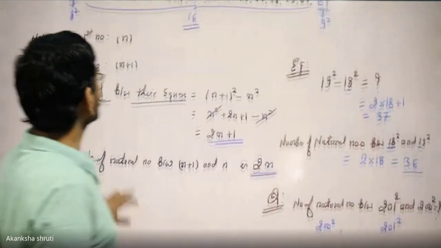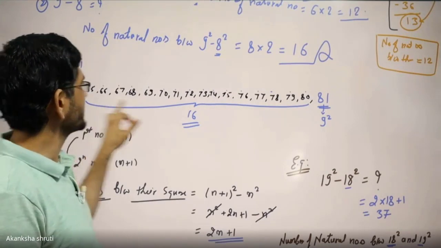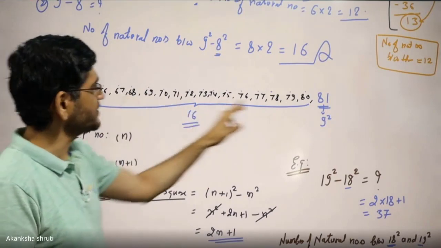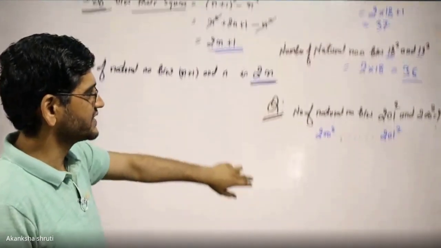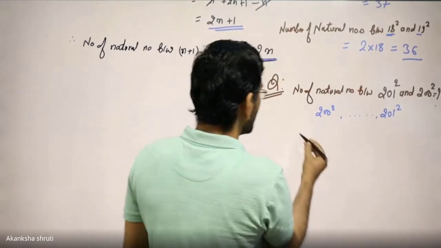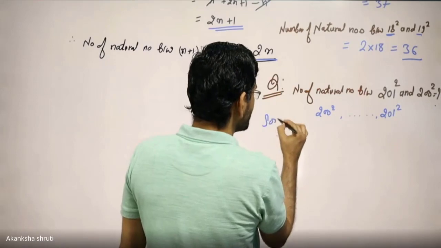Like here we have taken. Students, for getting the number of natural numbers between these two consecutive squares, here I had explained how they are adjusted. The same kind of thing we have to find, but need not write it.